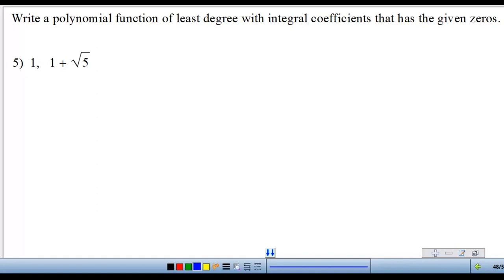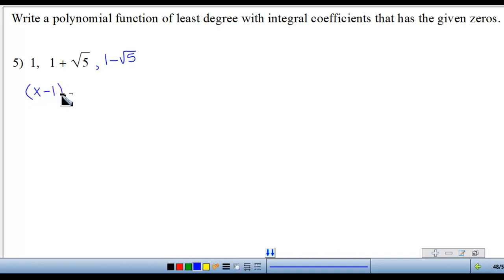All right, final example. Once again, we have a complex number. Complex numbers travel in pairs, and so we're going to write down its conjugate. Remember, the conjugate has the same exact numbers with the opposite sign in the middle. So I'll write 1 minus square root of 5. I will have 3 roots, which is going to result in 3 factors.